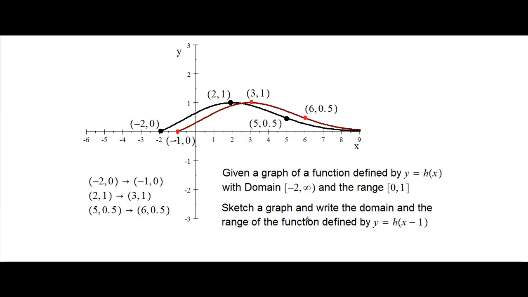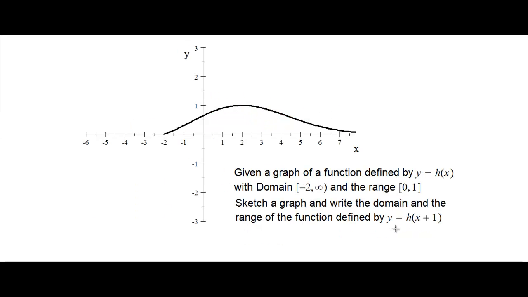And then when it comes to writing the domain and range, we have the domain as the interval from negative 1, including negative 1, all the way to infinity, and the range is the closed interval 0 to 1. Now we look at the transformation given by y equals h(x plus 1).